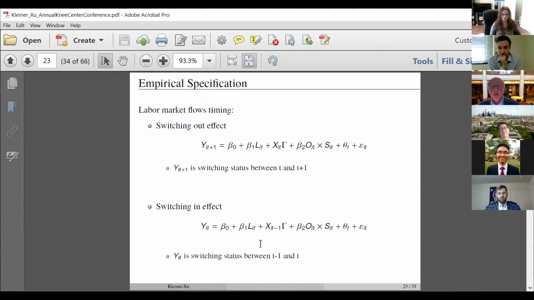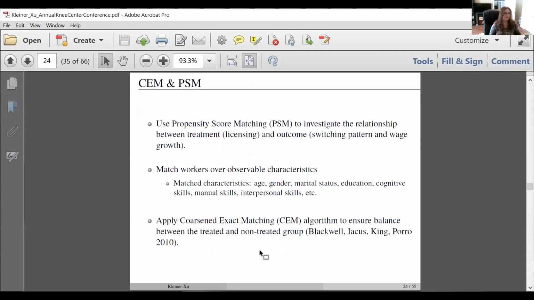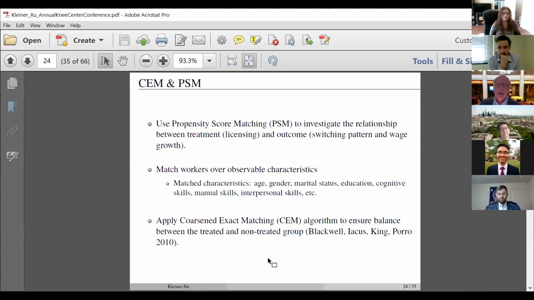Our key variable is whether you are licensed at time period I, are you likely to switch from time period T-1 to time period T? Our control group uses propensity matching measures. We use propensity score matches over observable characteristics, and we use a couple of different measures of matching to come up with our control group in the CPS.